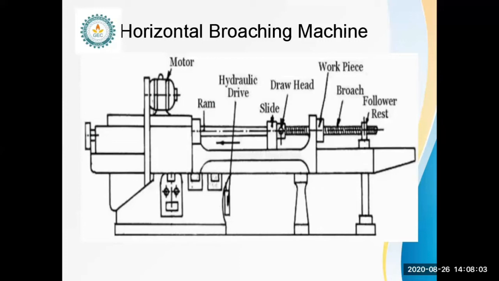The broach is pulled over the top surface of the workpiece held in a fixture. The hydraulic cylinder which pulls the broach is housed in the right end of the machine. In the setup for internal broaching on a horizontal pull type broaching machine, the cutting speed of this machine is about 60 meters per minute and metal removal is up to 6.4 mm per stroke.